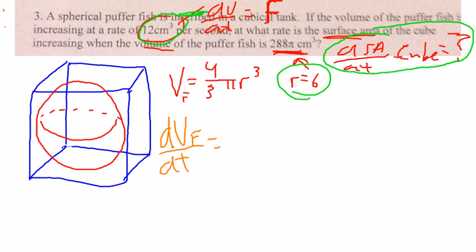When I do power rule on it, I get the 3's cancel because I do 3 times 4/3. So that gives me 4 pi r, and then when I do the power rule on the r cubed, it drops down to r squared, and then I need to do the derivative of the inside piece, and what I mean with the inside piece is the inside piece of the cubed piece, which is r. So the derivative of that, since I'm deriving with respect to t, is dr/dt.